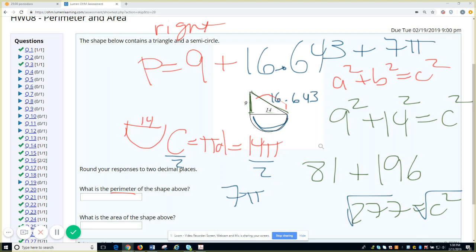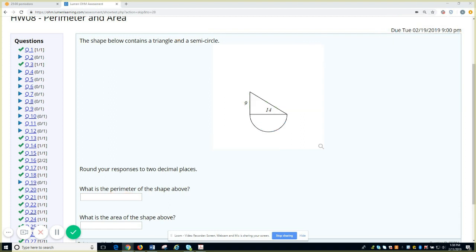Now, what is 7 pi approximately? 7 pi approximately is about 21.991. Okay, so now I'm going to add all those things together. 9 plus square root of 277 plus, so what I'm doing right now is I'm actually putting in those values in my calculator.